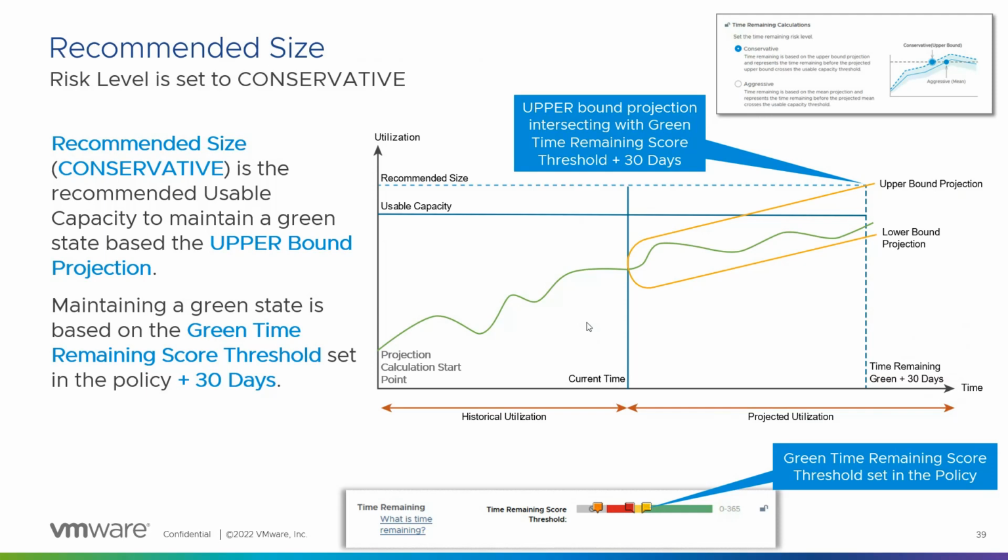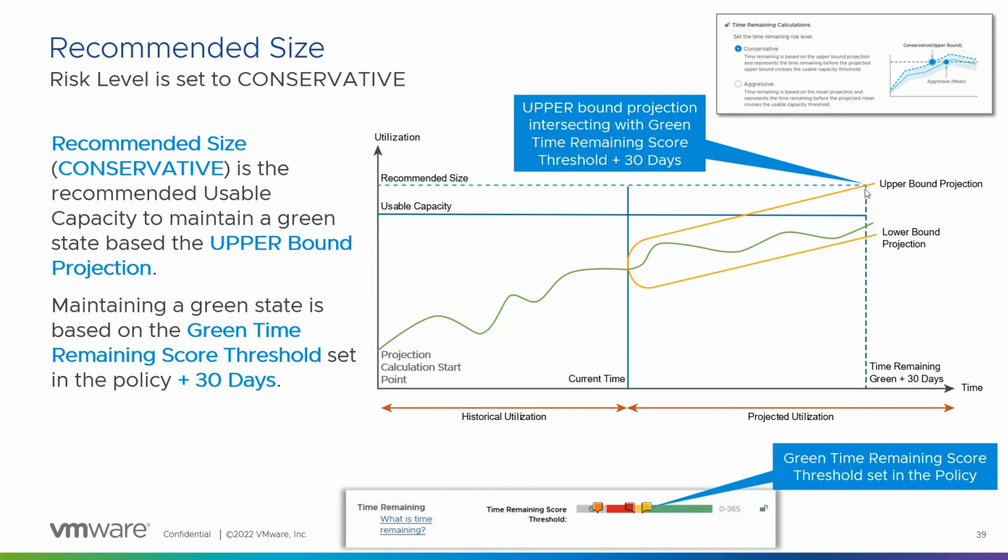When we're calculating recommended size, that's what's used for right-sizing recommendations for virtual machines. So you can see here, I have my upper bound. I take my upper bound projection, and then I go out. You see where it hits the usable capacity line, and then I go out 30 more days, and that gives me my projected utilization.